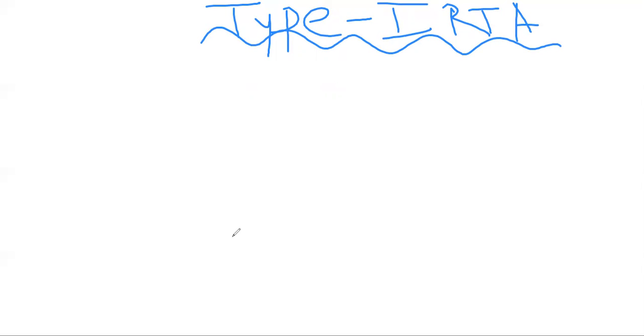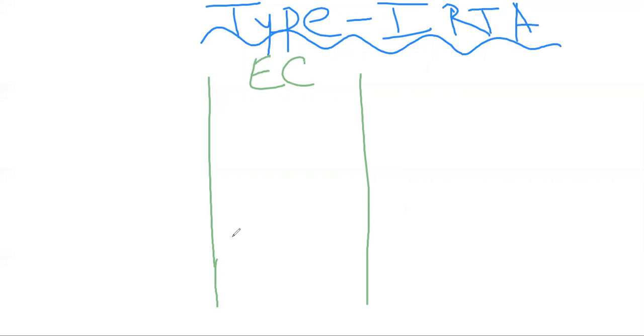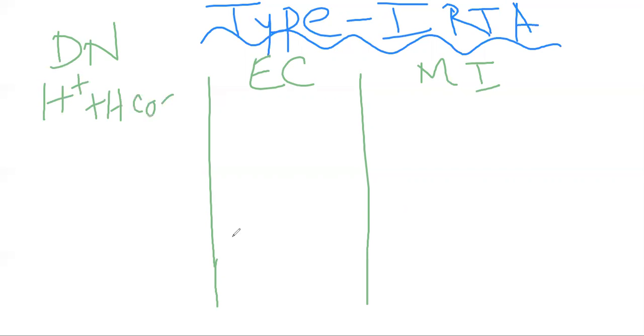Here is the epithelial cell, here is the distal part of the nephron, this is the renal tubule, and here is the medullary interstitium.